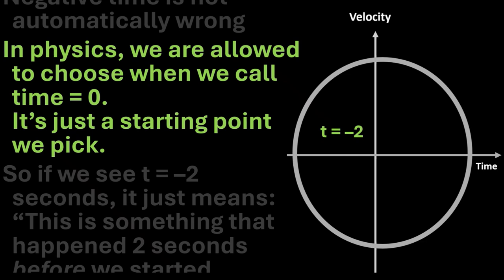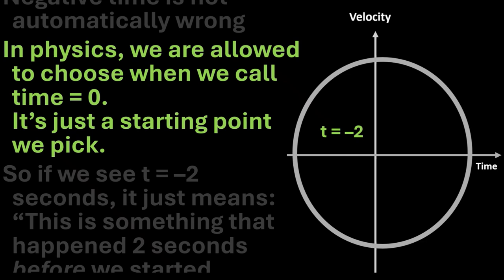It is rather the start of observation, which means time t equal to negative 2 actually implies the instant of time which is 2 seconds before the actual observation started. It doesn't mean negative time in its essence. So plotting t equal to a negative value doesn't mean that a graph is mathematically inconsistent.